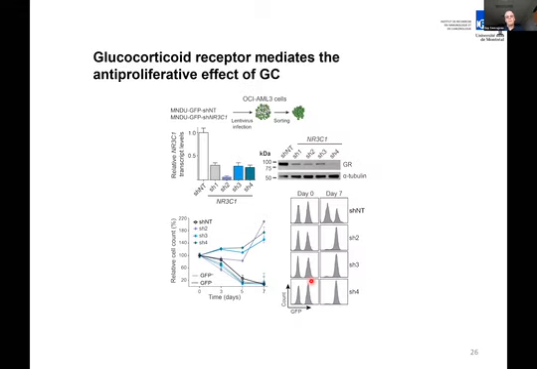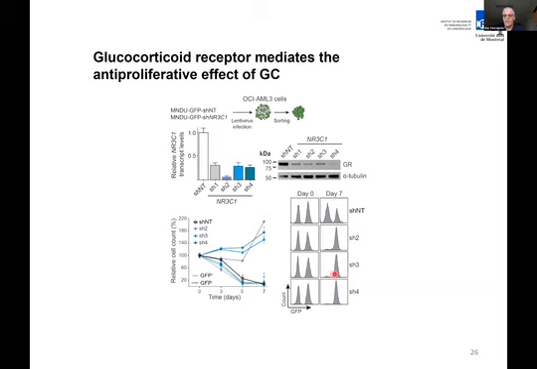Now, another thing that's very important is that if you knock down the glucocorticoid receptor on which dexamethasone binds, as shown by these 3 shRNAs here, as shown by the Western here, and you grow these cells in the presence of dexamethasone, now they don't care anymore. So the impact is really occurring through the glucocorticoid receptor.